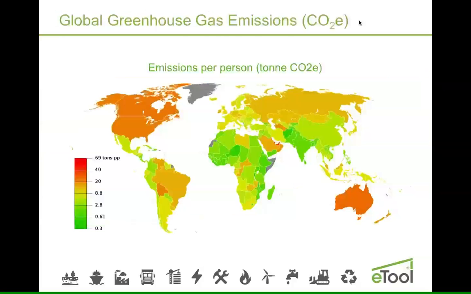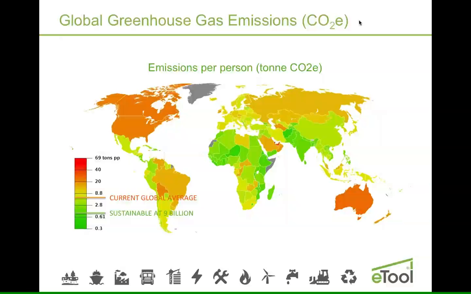So the reason why we are excited about the built form is that it represents a big portion of the impact. This map shows the greenhouse gas emissions per person per year. Here in Australia, we are at around 20 to 25 tons per person per year, whereas worldwide, we are currently at 7 tons per person per year.